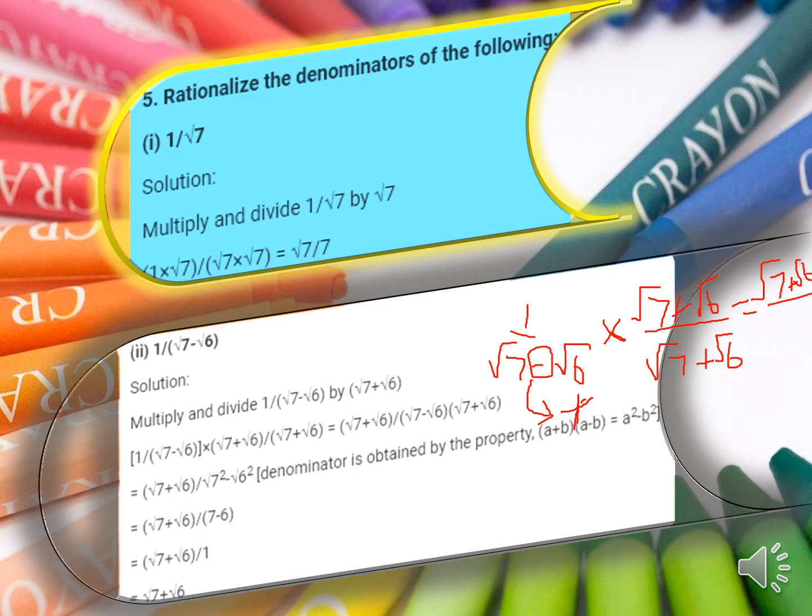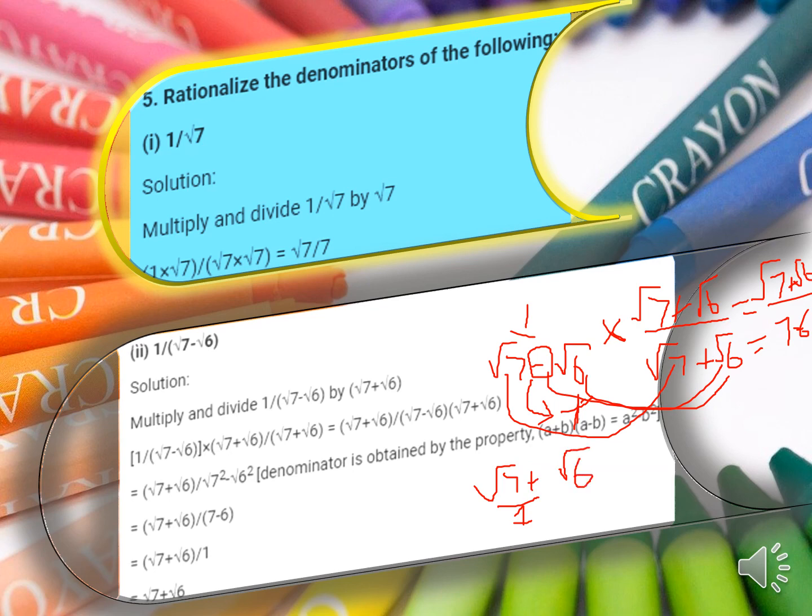In the denominator, root 7 into root 7 is 7, and plus into minus is minus. Root 6 into root 6 is 6. So 7 minus 6 is what? You know it very well, it's 1. So the denominator is now rationalized. So 1, and the numerator is root 7 plus root 6.